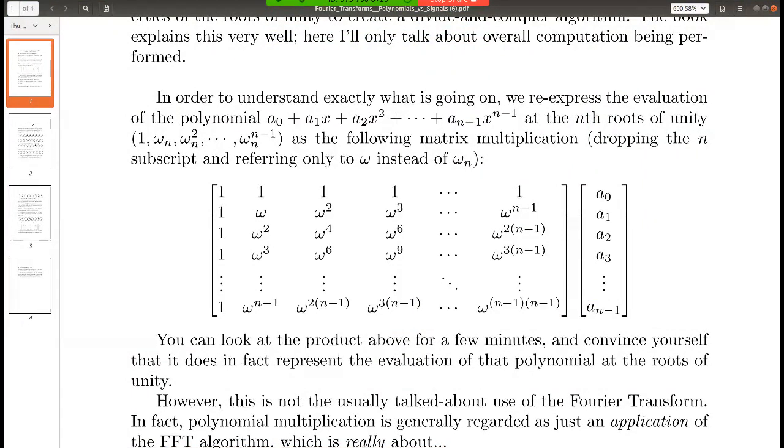You can convince yourself that this actually works, but that shouldn't be too big a deal to do. So I'm not going to go through exactly why that's the case just yet.